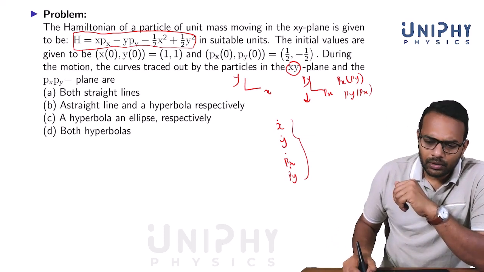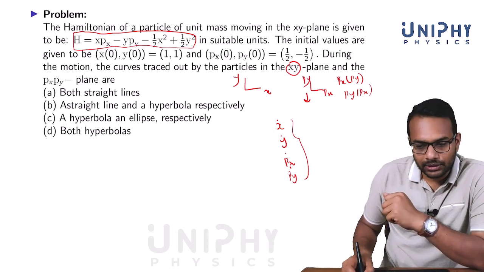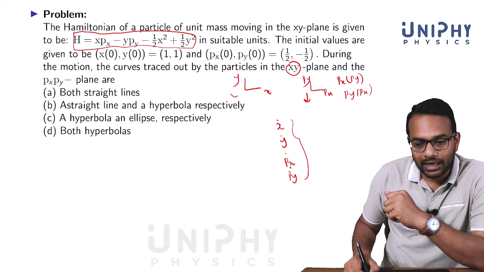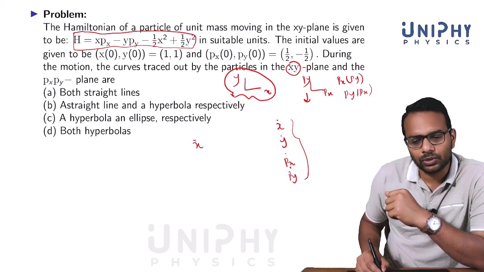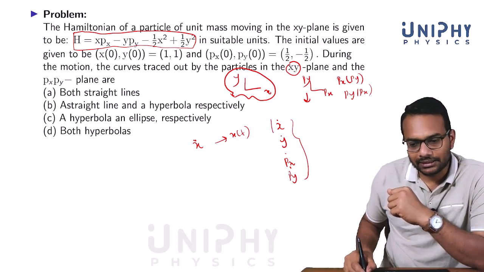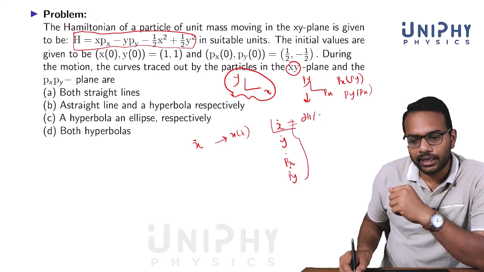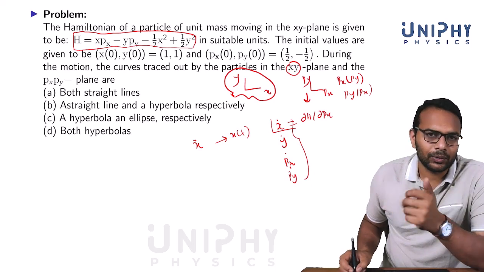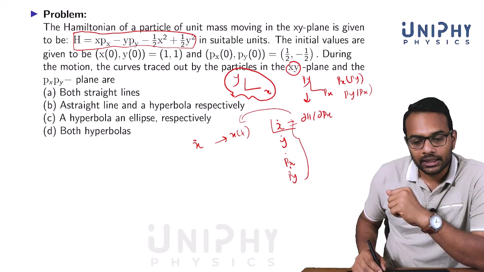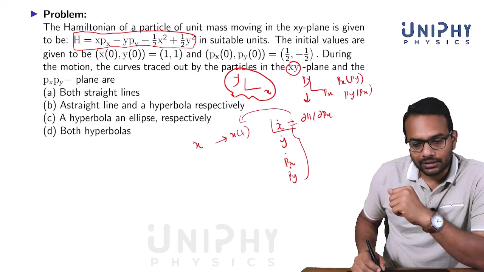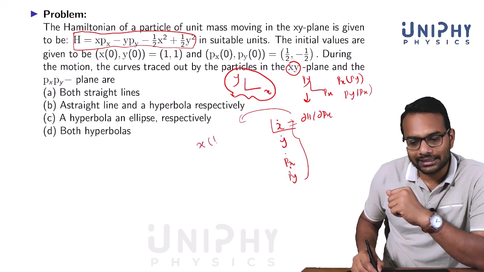Now, when we try to solve the differential equation, you need to be careful here, because we have been asked to find the trajectory in the xy plane, for example. But when we find x dot and solve it, generally what you get is x of t. We can construct the equation x dot equal to dou h by dou px, and solve it to get x of t.